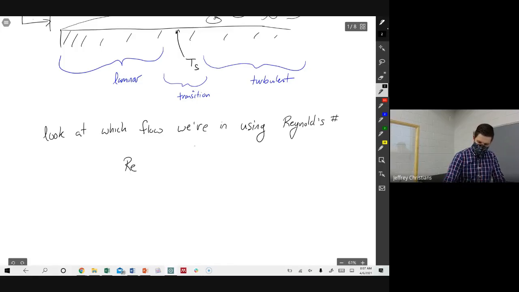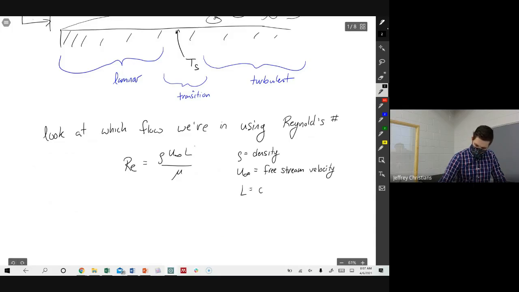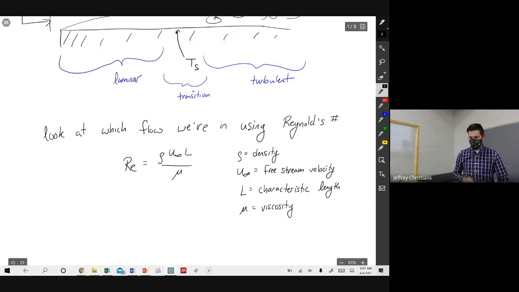So the Reynolds number is density times velocity times the characteristic length divided by viscosity, and mu is the viscosity.